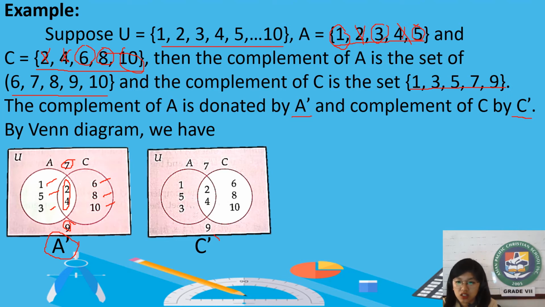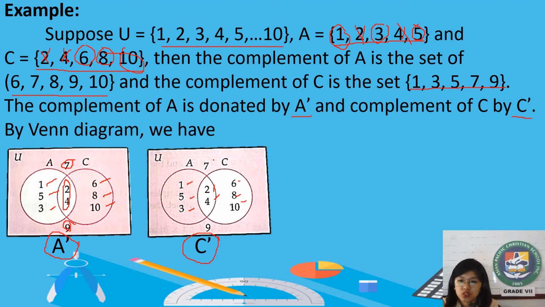So, next is the C prime or the complement of C. We have here the set A again, 1, 5, 3, and set C, 6, 8, 10. Common elements, 2 and 4.